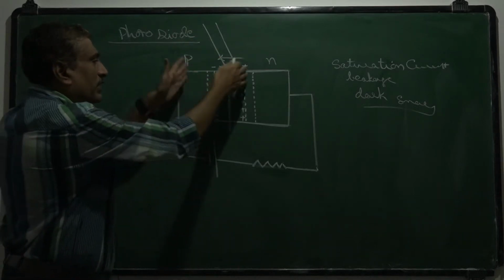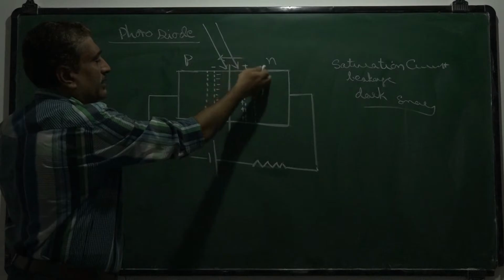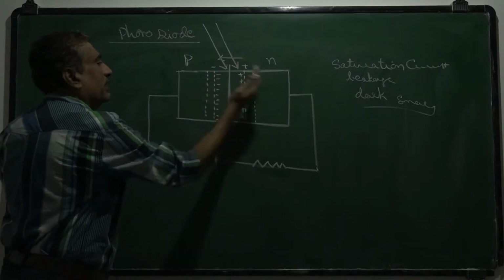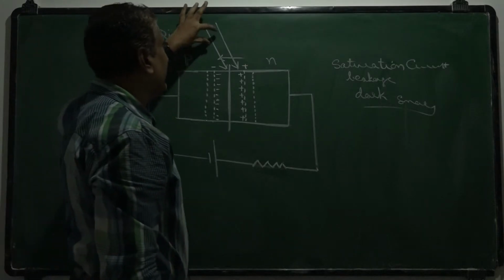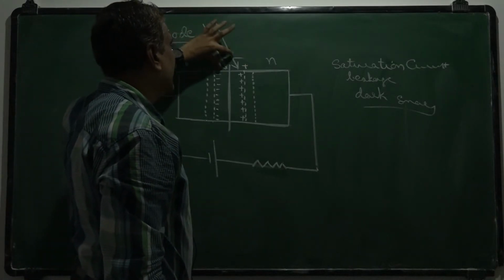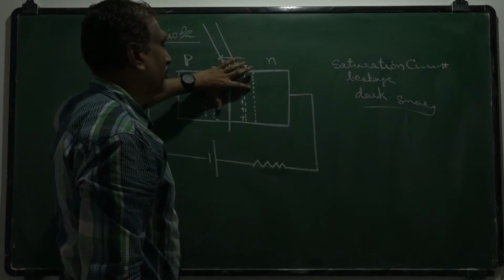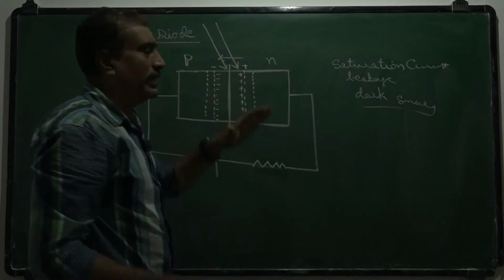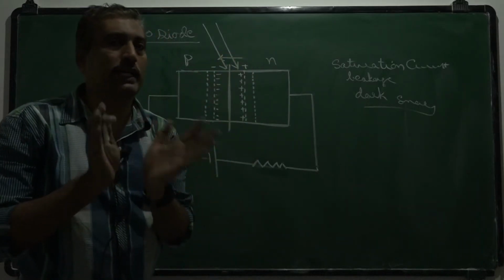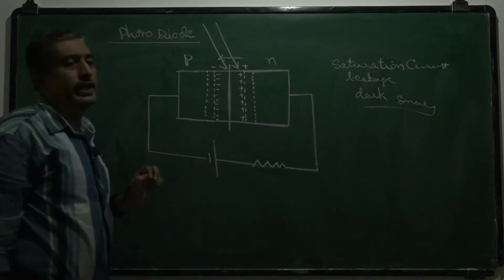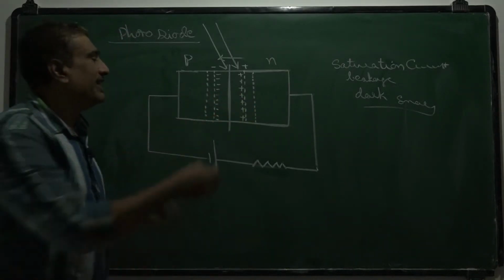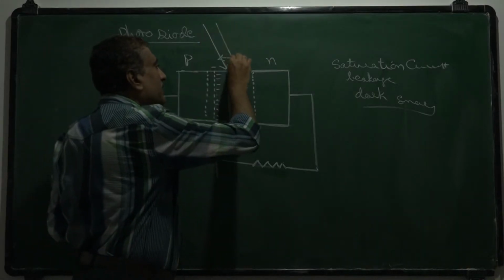Not only the depletion layer, light also is incident on the N type and P type also. Now when this light is incident on this depletion layer, where the depletion layer consists only of immobile ions, positive ions in N type and negative ions in P type.